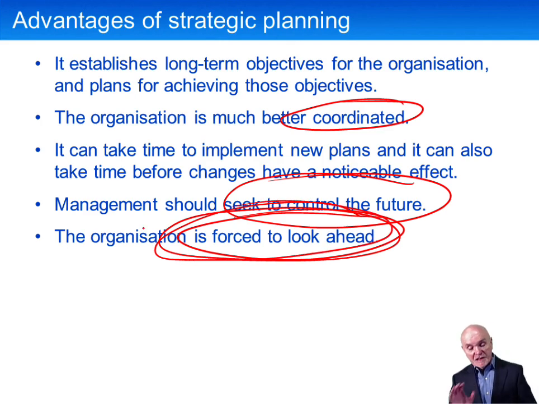We know that strategic planning can't foretell the future perfectly. There are always going to be surprises and bumps on the road that we haven't expected. But if you walk along with your eyes closed without any sort of strategic planning, you are going to continually bump into things and trip up. At least with strategic planning, you're going to see some of the difficult areas.